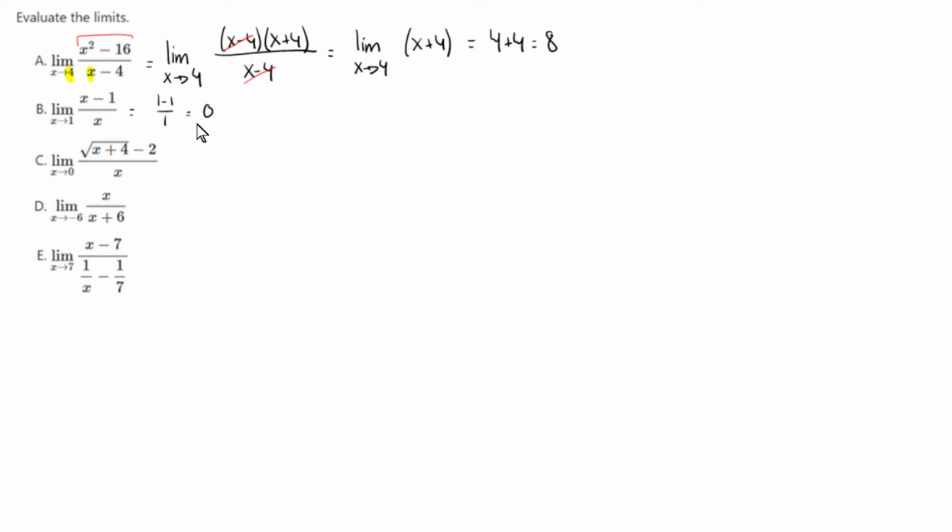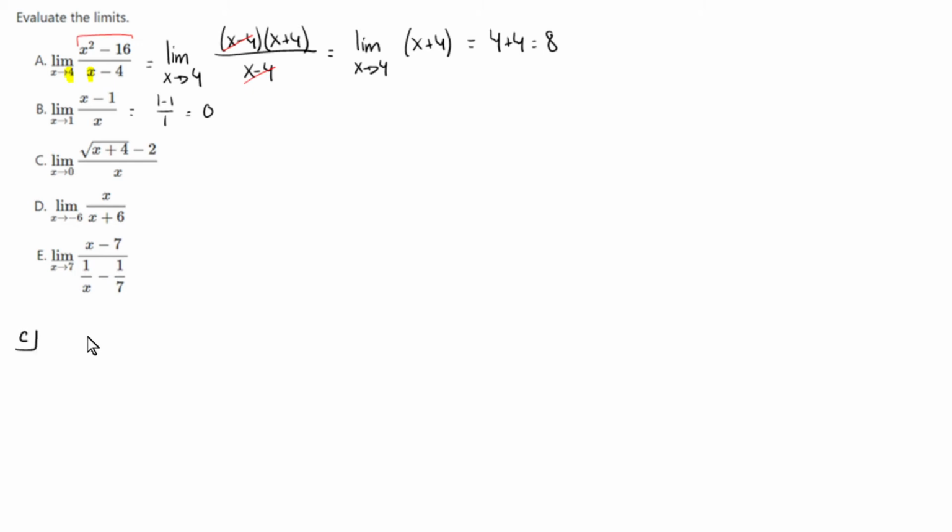In C, we need to try and simplify this. So the way we're going to do that here is we're going to multiply the numerator and the denominator by the conjugate of the numerator. So that's going to take a bit more space, so I'm going to do that down here.